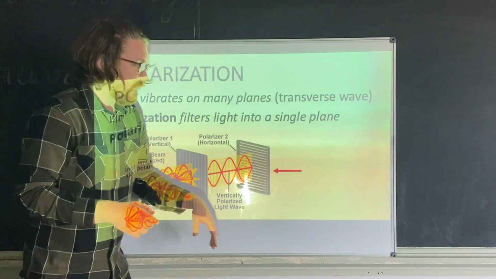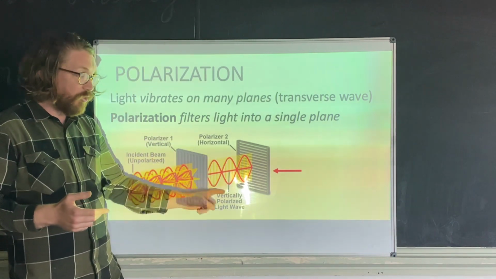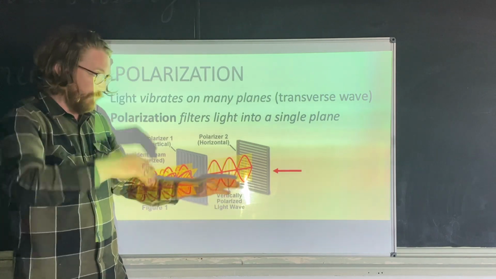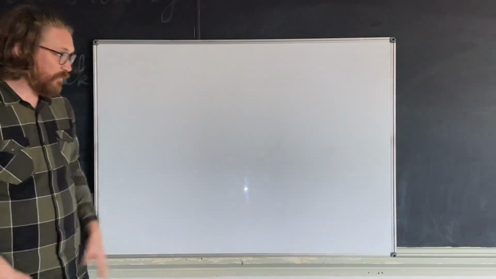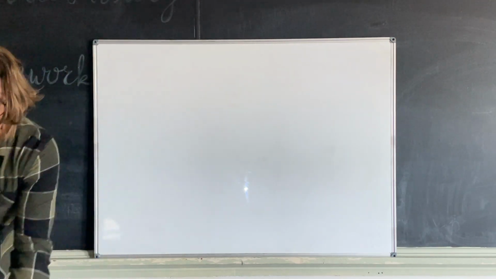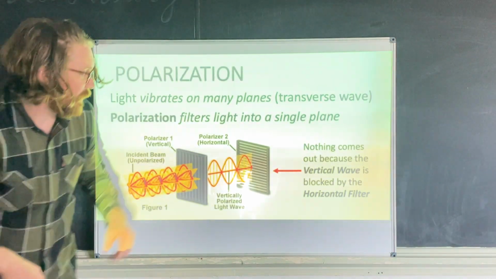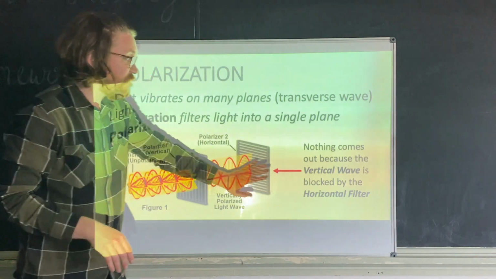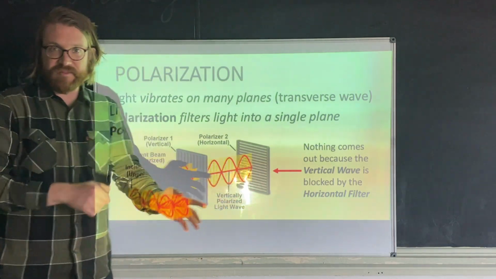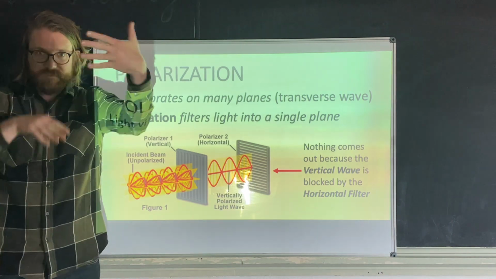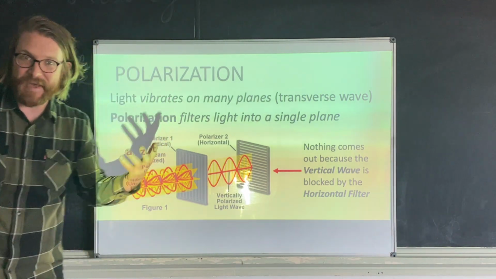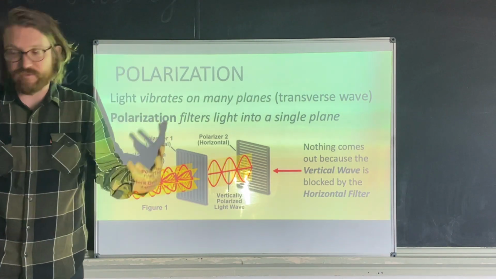Now, when you take a vertical vibration and put it through a horizontal filter, what comes out? Well, nothing comes out, because the vertical wave is blocked by these horizontal filters, right? The wave's going this way, it hits this, and nothing's able to come out. This is what polarization is.